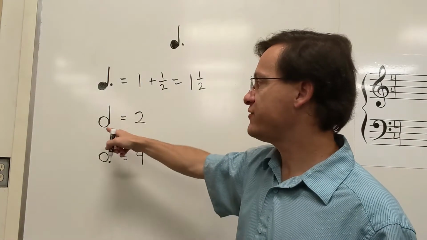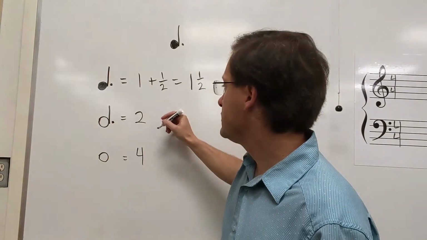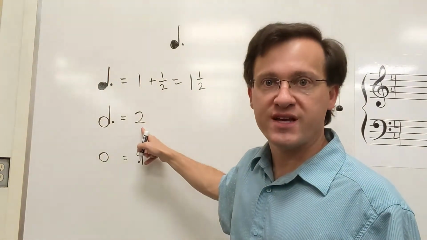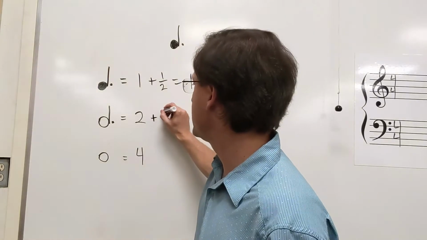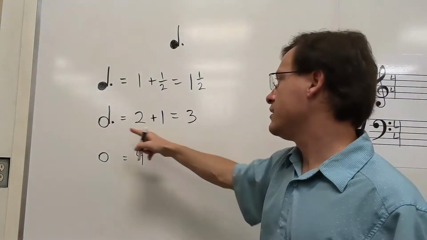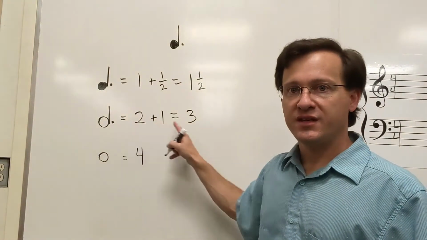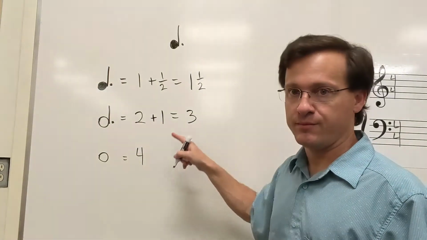Okay, let's do it for half notes. So I'm going to add my dot. What's half of 2? It's 1, right? Obviously. So I'm going to add 1, and my new value is 3. A dotted half note is 3 beats long. Let's do it again.